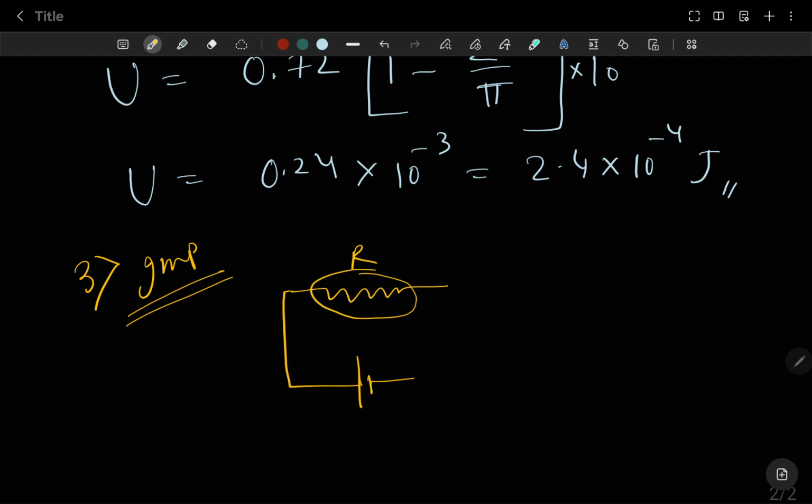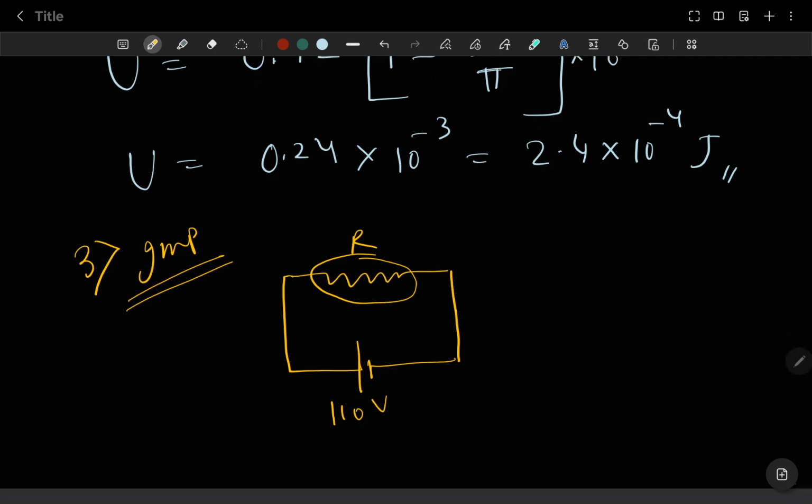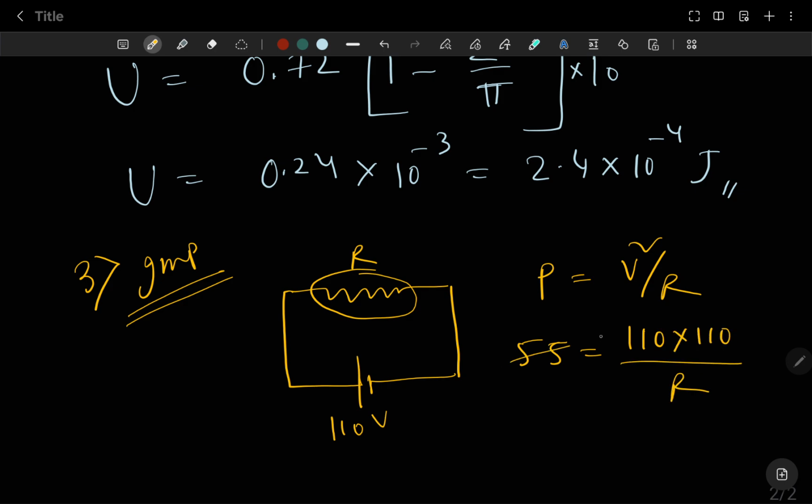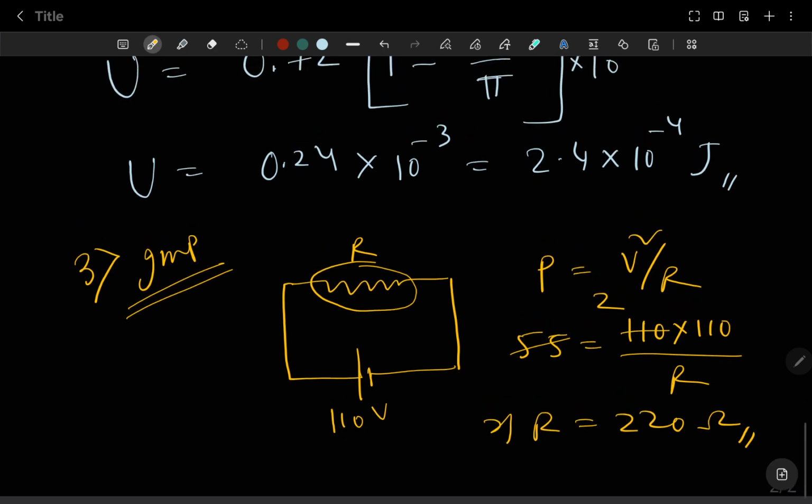So when it is connected to 110 volt, power is V square by R. So power is 55 watt, so it is 110 into 110 by R. So it will be 2, so R will be 2 into 110, which is 220 ohms. Alright, clear?